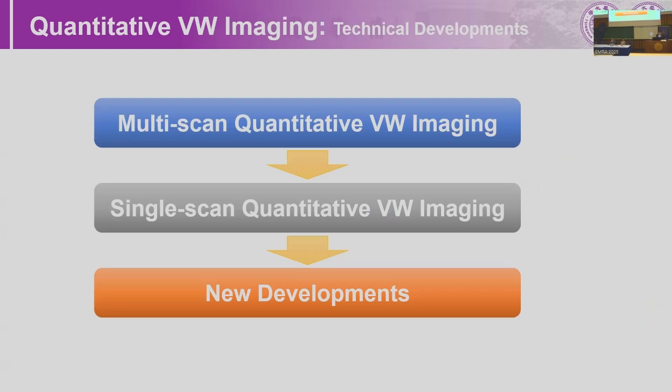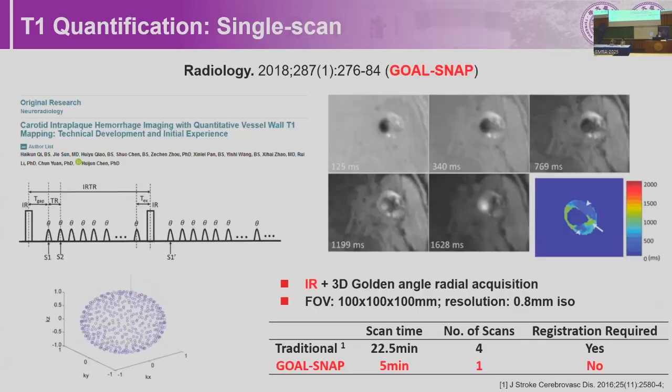The recent development of quantitative vessel wall imaging goes to single-scan quantitative imaging. All these techniques try to shorten the scan and processing time by acquiring the image in one scan. This is a study from our group. We developed a technique called GoSnap. Basically, it is inversion recovery plus a 3D radial acquisition.